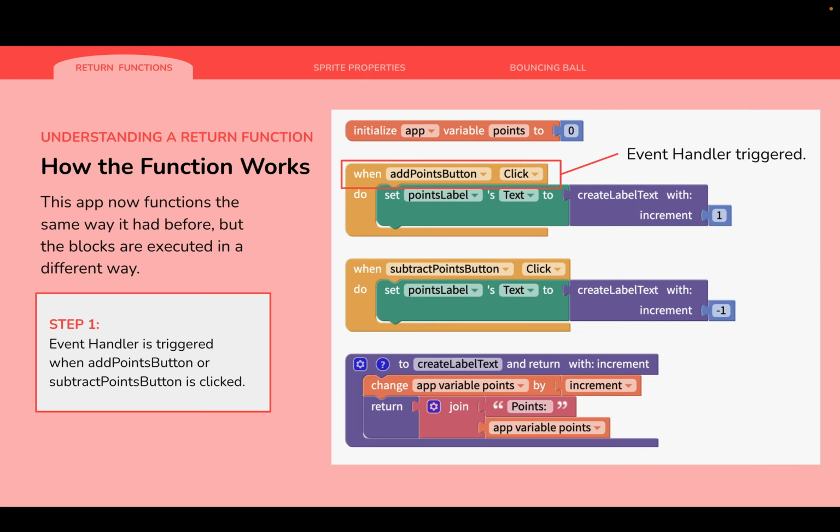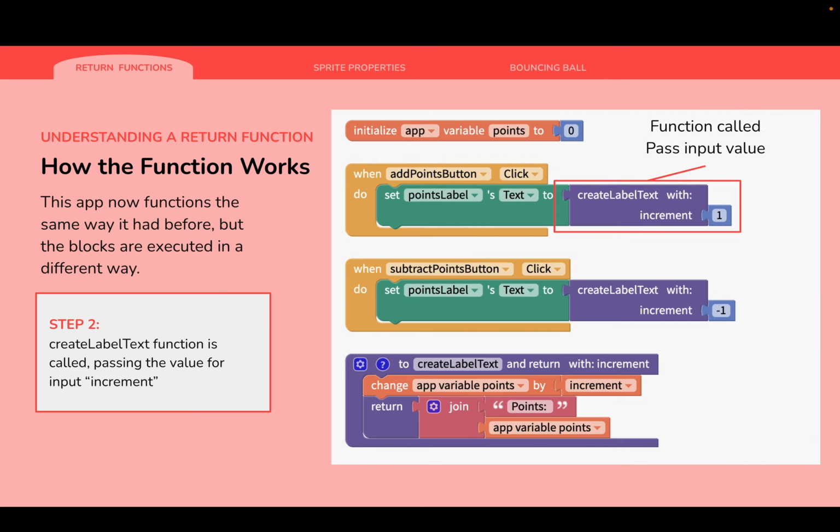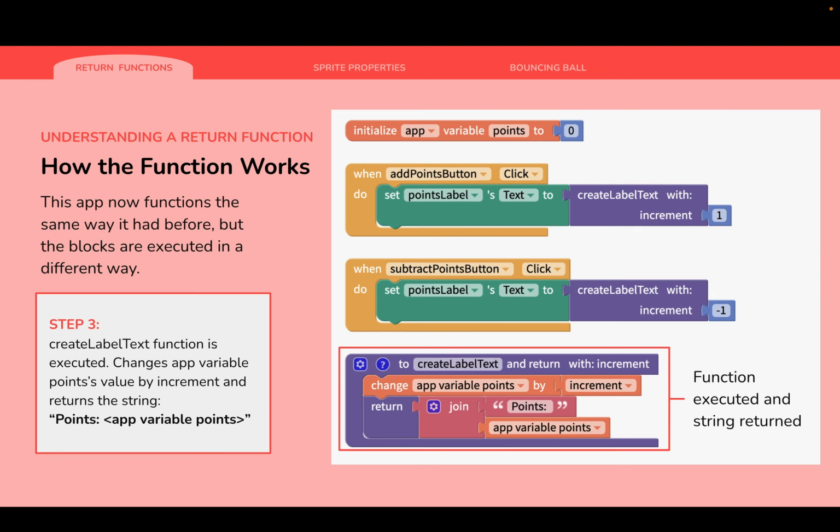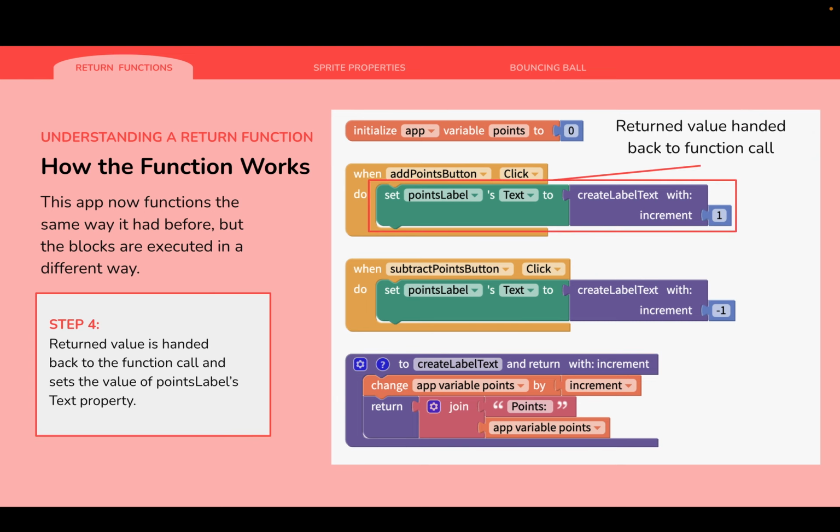The event handler is triggered, and then we call the function, passing the necessary input value. The function is then executed in order, and then returns the value back to where the function was called, and that value is what the point labels text is set to.